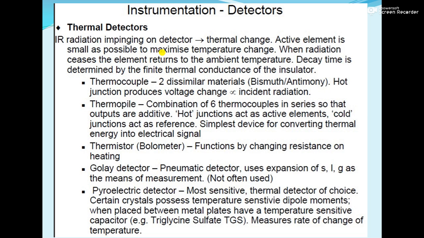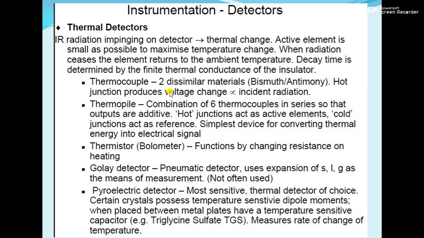Suppose we talk about the thermocouple. In a thermocouple, two wires of different materials are welded together. One of the two welded joints is the hot junction, which becomes hotter because of IR radiation, and the other joint is cold. So a small electric potential develops between the joints due to this temperature difference.